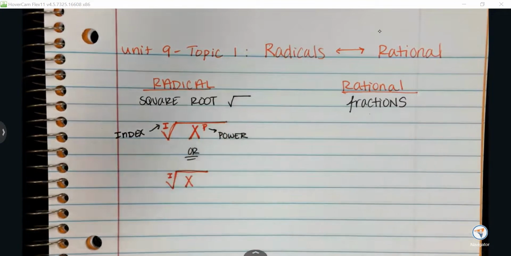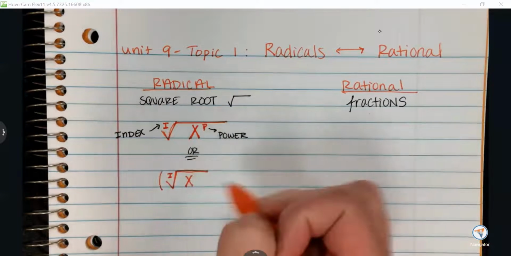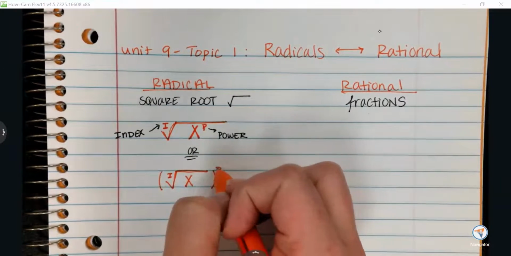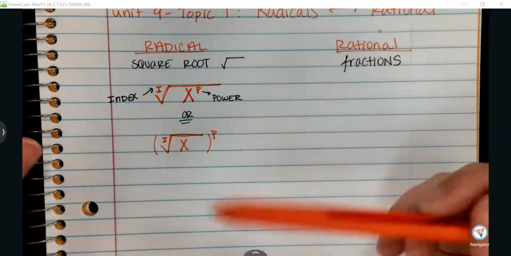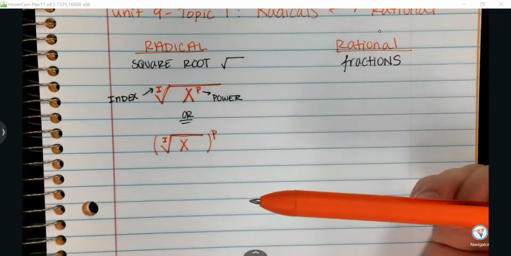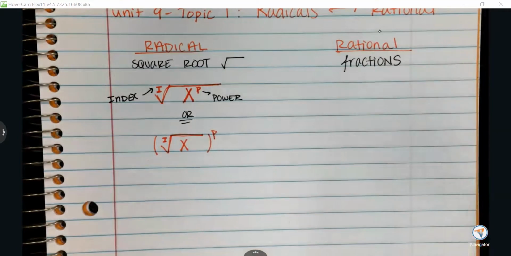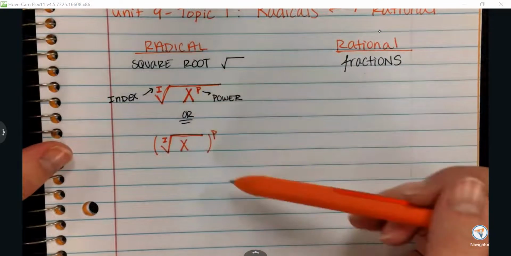It cannot change. So that's still where my index is, inside the little check mark. However, the power can be written outside in parentheses. I don't care which way you write it, but you have to pay attention to the problem and know that these are the same thing.